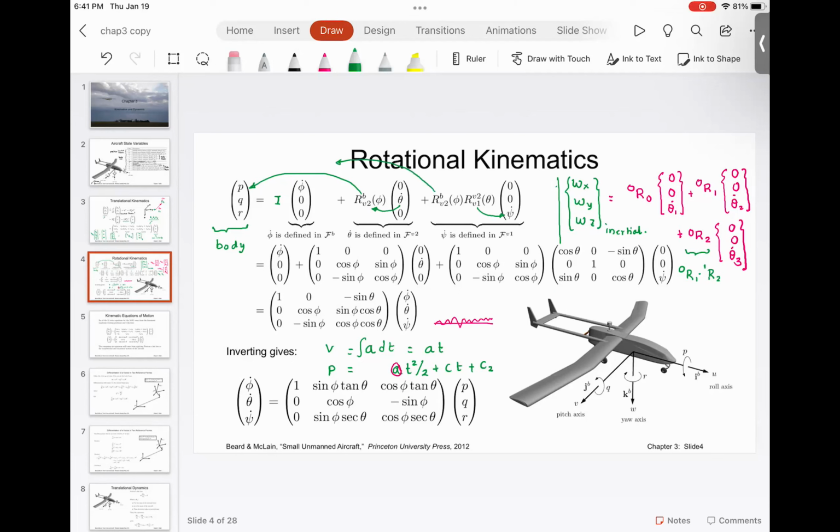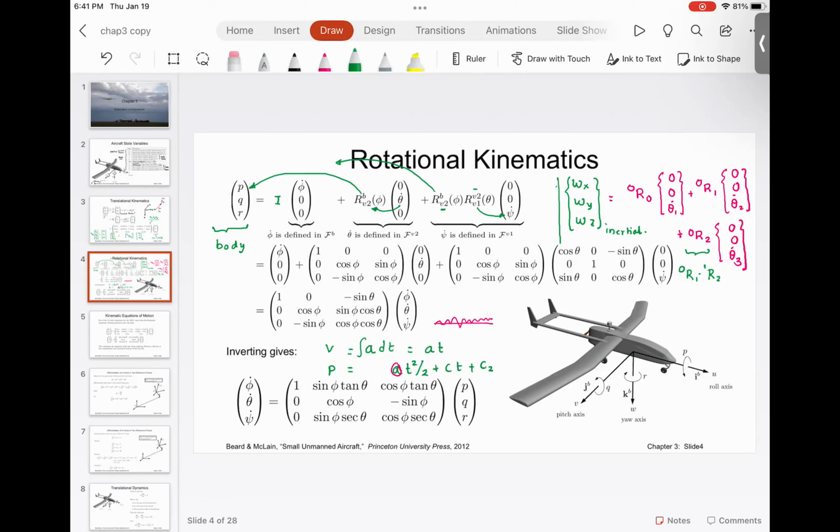Can you see vehicle 1 frame and vehicle 2 frame? These frames get cancelled, which is exactly the same equation that we looked at in robotics 1. Everyone understood this? Any questions here?